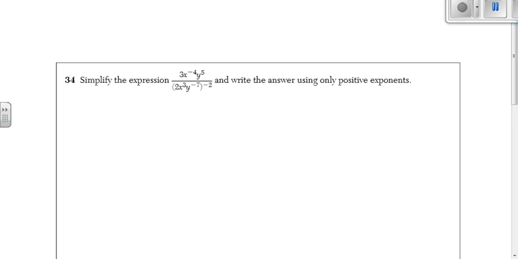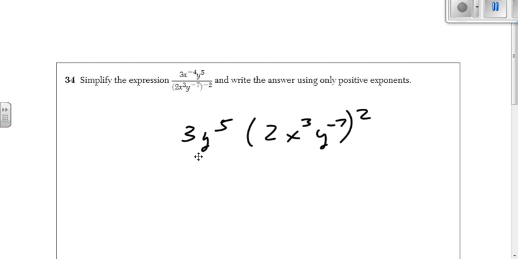Alright, remember, negative exponents means 1 over, so I can just put them in the denominator if we want. So what we're left with is 3y to the 5th. The numerator comes up, so that's going to be 2x to the 3rd, y to the negative 7 squared. That's positive. X to the negative 4 goes below.